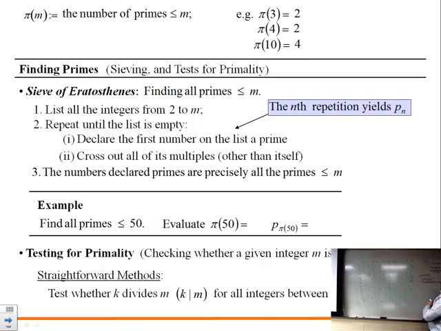What's next? 63, 70, 77, 84, no. What's next? 91. And 98's already gone. That's it. That wasn't many. That wasn't much.